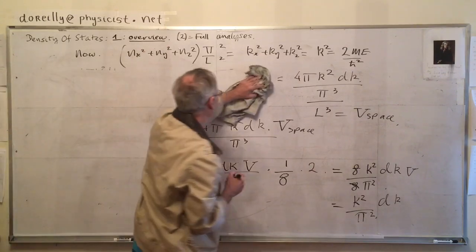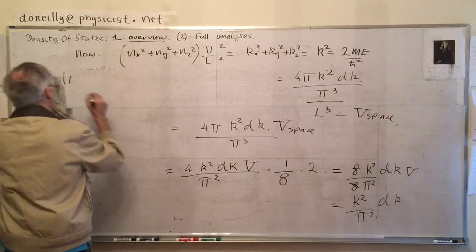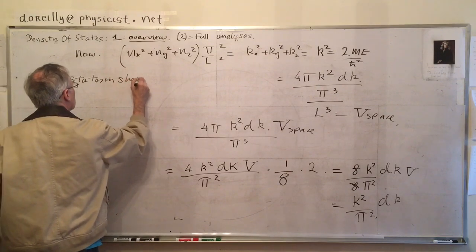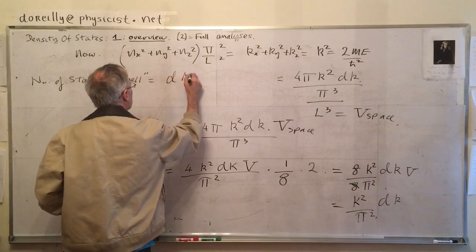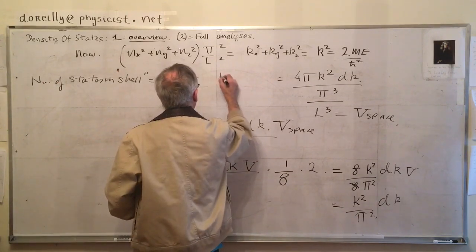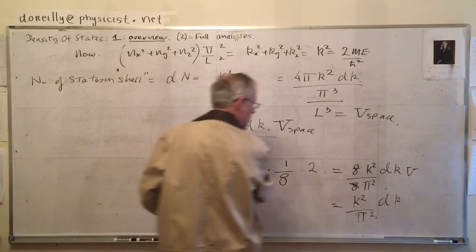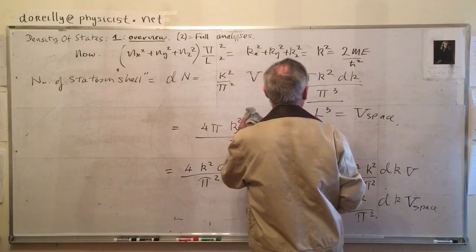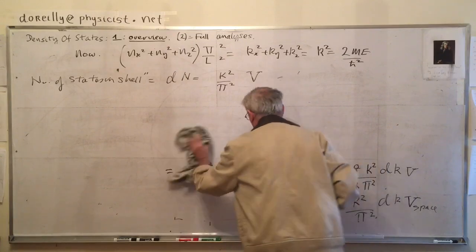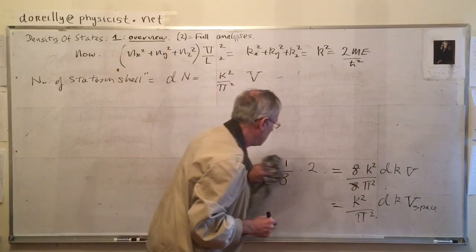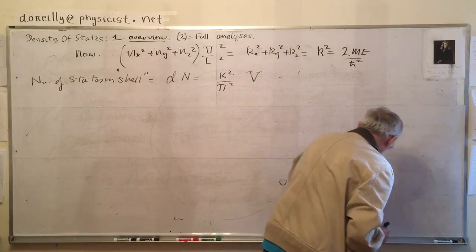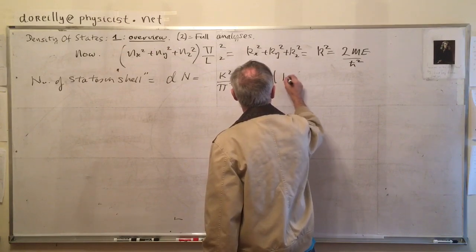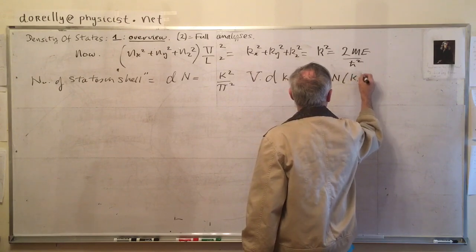We'll leave the top piece. We call this dn of k.